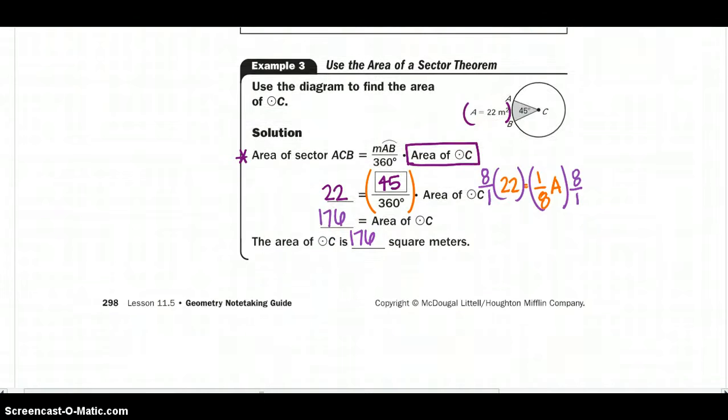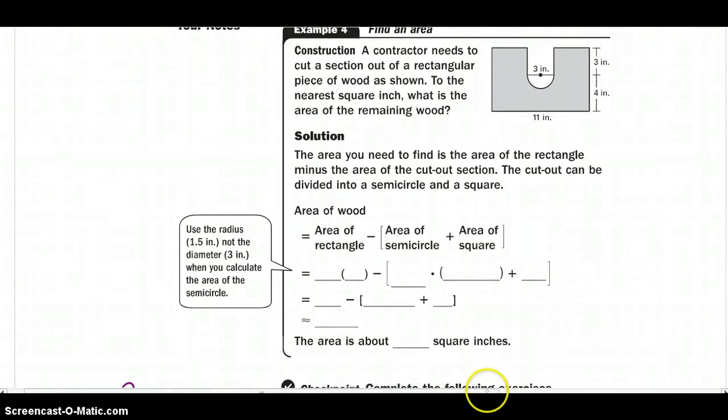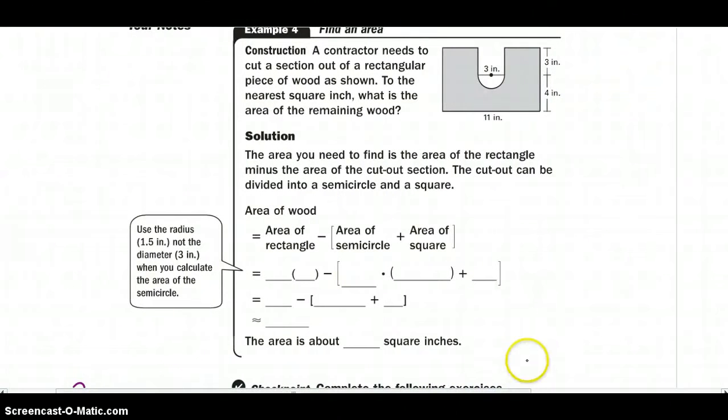Alright, continuing with this, y'all are doing really good. My last thing, I need to find the area. I have a contractor who needs to cut a section out of a rectangular piece of wood as shown. To the nearest square inch, what is the area of wood remaining? So what area, after he cuts this piece of wood out, am I going to get back?